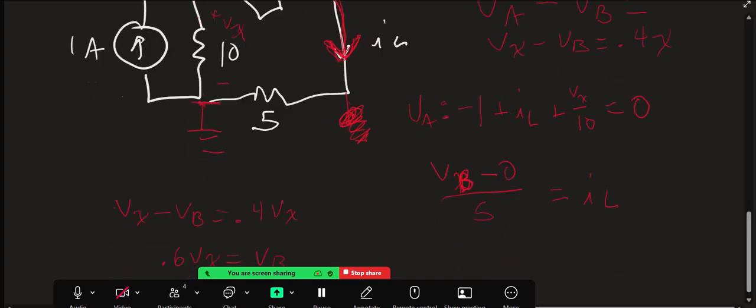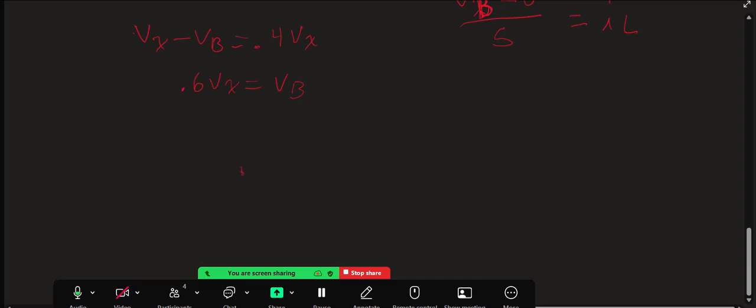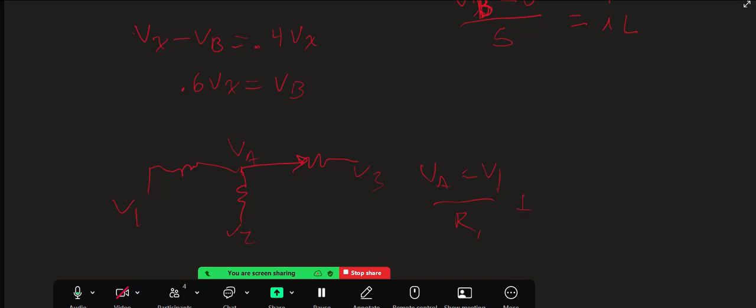Generally what you do with nodal analysis is, if you're lucky, you have nice resistors on every side, and you know exactly what the voltage is on every end. You would say, with V1, V2, V3, VA minus V1 over R1 plus VA minus V2 over R2 plus VA minus V3 over R3 equals 0.